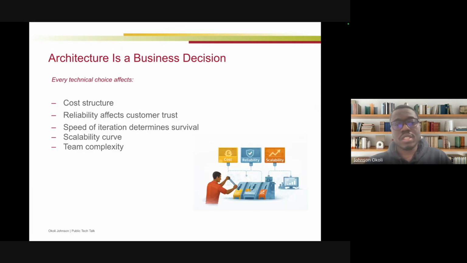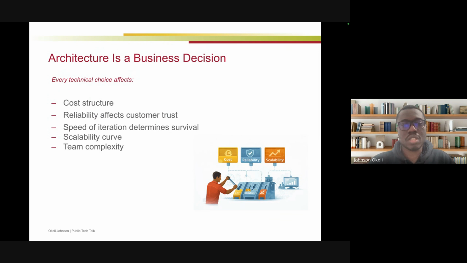So architecture is a business decision, in the sense that whatever decision you make, it actually impacts your costs, and it also affects your customers' trust, because if customers start seeing some anomalies in terms of the cost, maybe the cost spikes up, or due to some business decision, the customers start losing trust in your app, where maybe they need to do verification but it's failing, or they need to get the transaction done but it's not going through, or maybe you're adding more layers of abstraction just to cover security, but you're now putting more layers of abstraction.